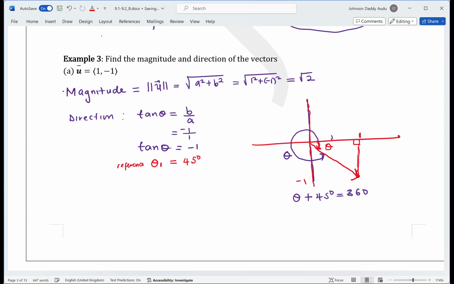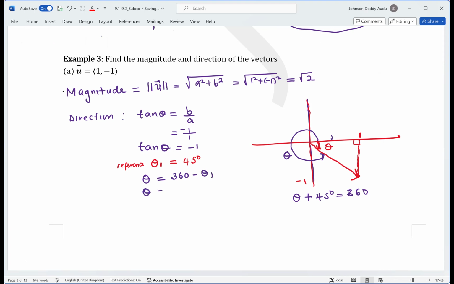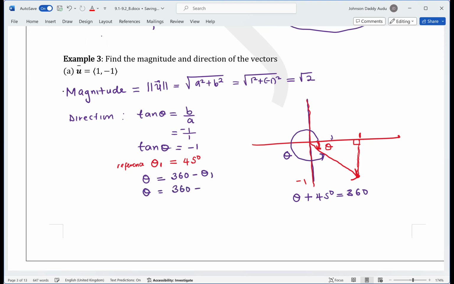So it means that our theta, which is the direction, is going to be 360 minus theta 1. So our theta is 360 minus 45, and this is going to be 315 degrees. So this is the direction.